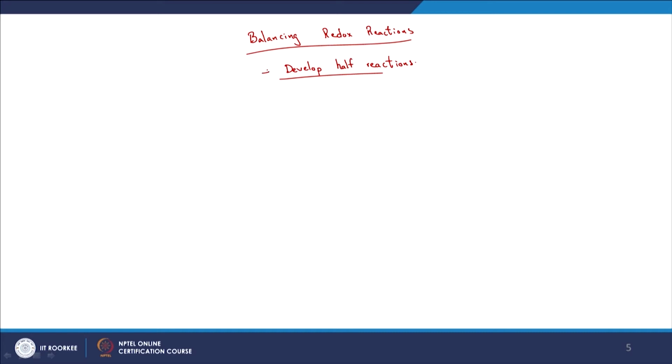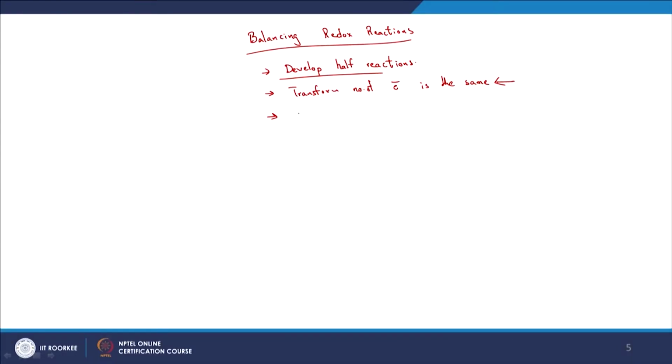Then you are going to transform them such that the number of electrons is the same. The key is that you are going to modify them such that the number of electrons being transferred, either gained or lost, in each of the half reactions is the same.